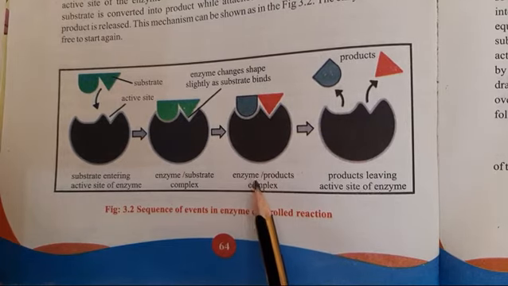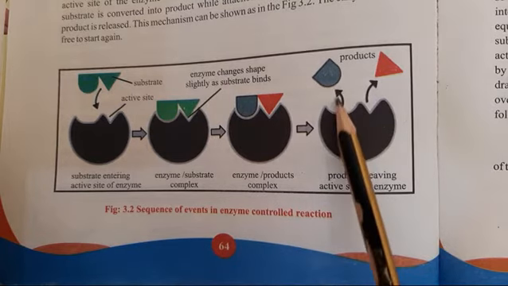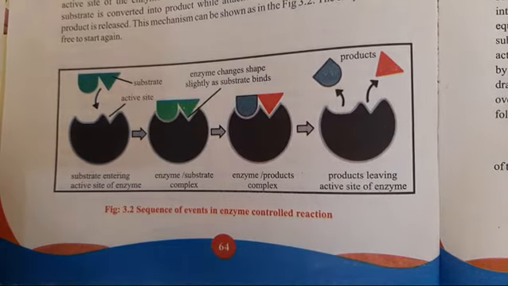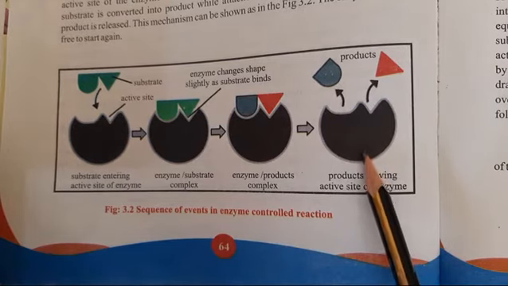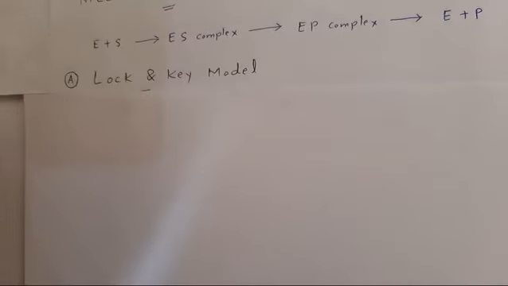This time it is known as enzyme product complex, and finally the product is released and the enzyme is free to start another reaction again. This is how the enzyme works.